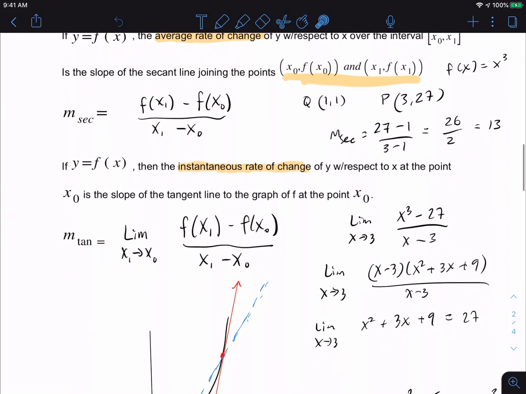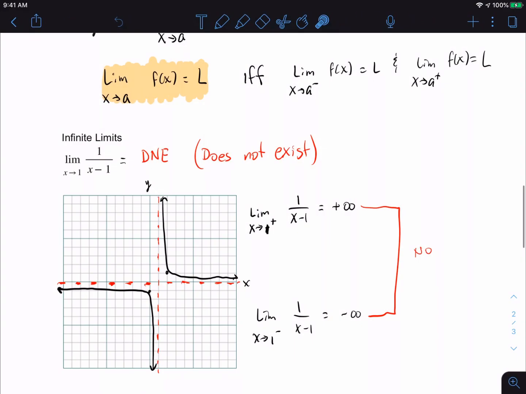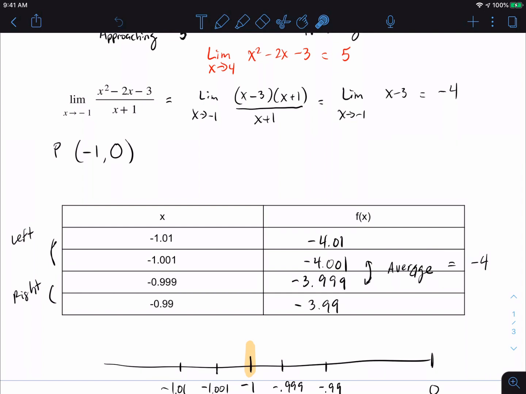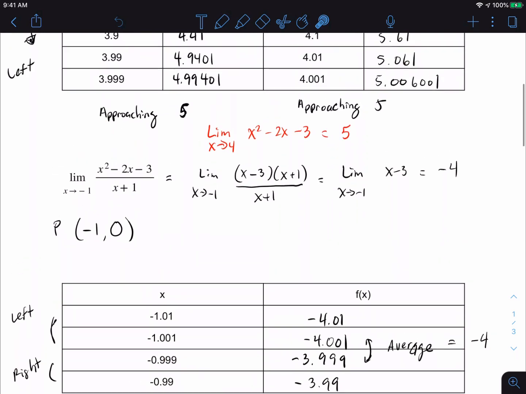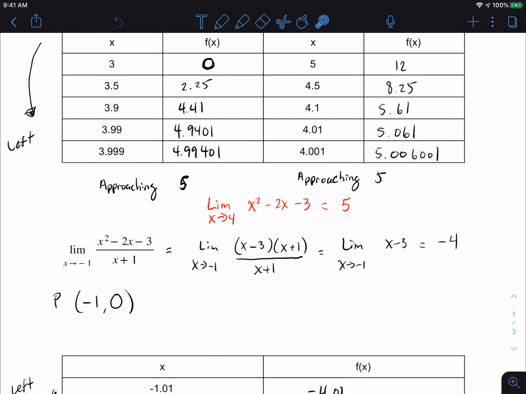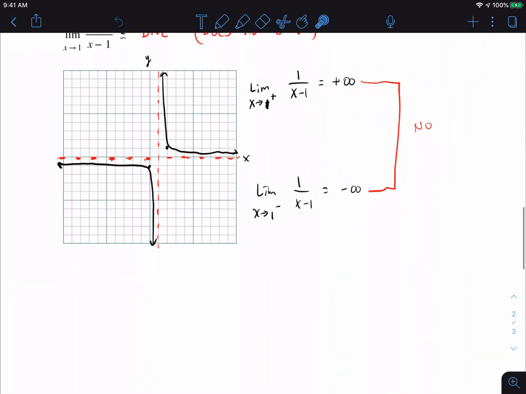Oh, it was in 2.2. So like right here, that's an example of I'm coming from the left, I'm coming from the right, we got the same numbers. Over here, coming from the left, coming from the right, we had the same 5, and so see how I wrote it there without a right or left symbol? This is showing that coming from both sides, the limit did exist. Does that make sense? Okay, cool. All right.